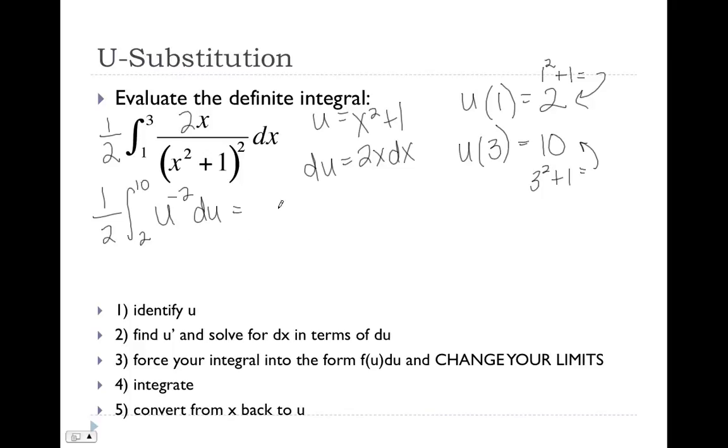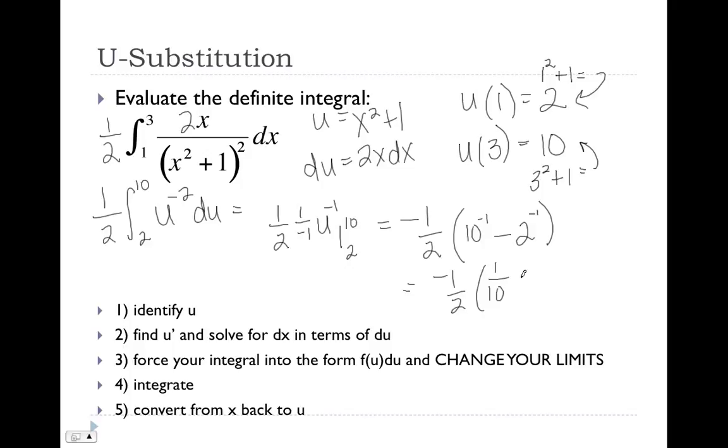When I integrate this, I have 1/2 times, bring u up a power, and it's u to the -1. Divide by that, and you have 1 over -1, and that's being evaluated from 2 to 10. So this is negative 1/2 times 10 to the negative 1 minus 2 to the negative 1, or negative 1/2 times 1/10 minus 1/2.